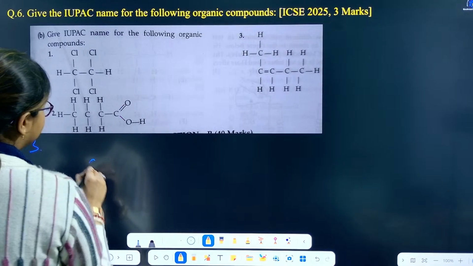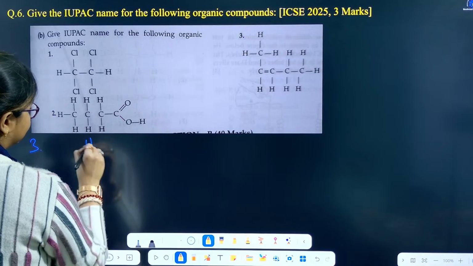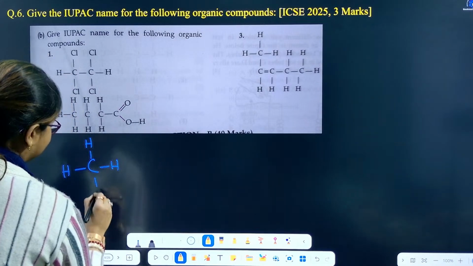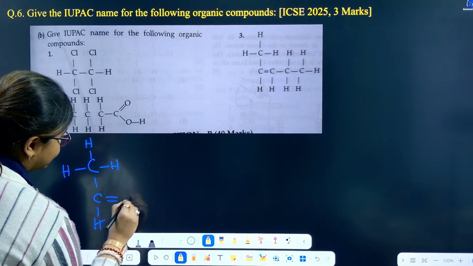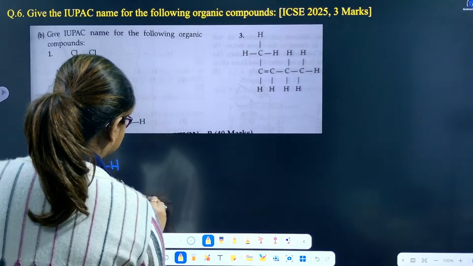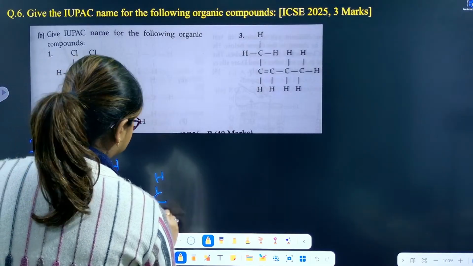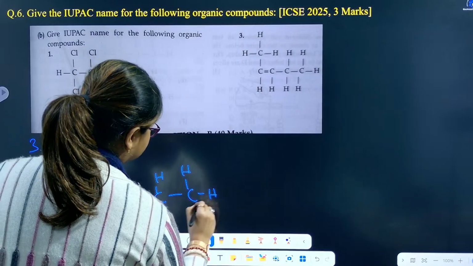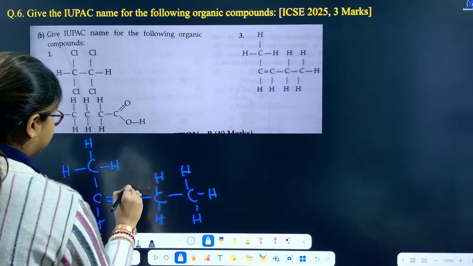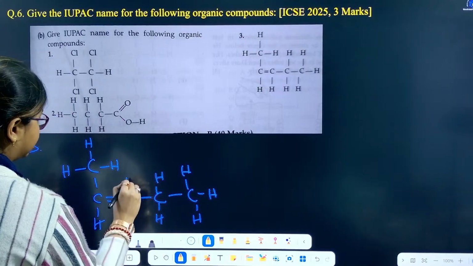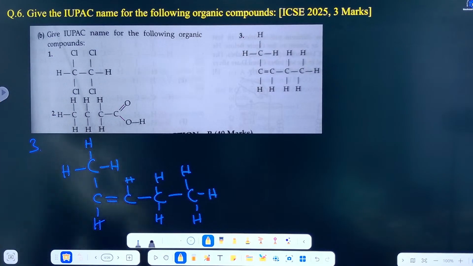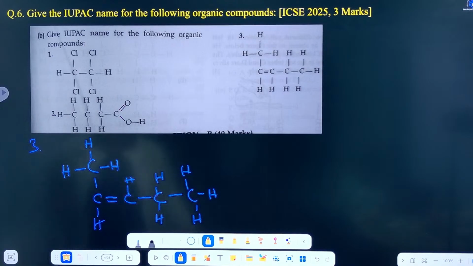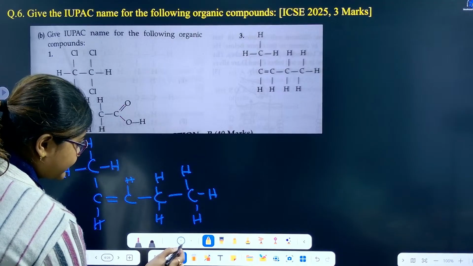Okay, this is the structure. So, if you see this structure and I name it, okay.